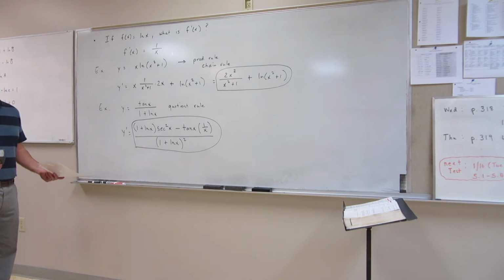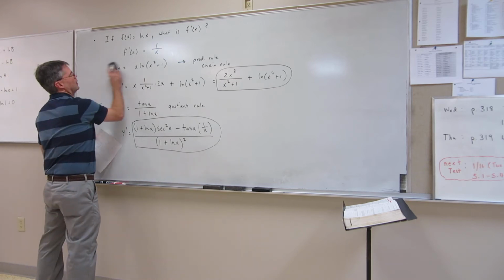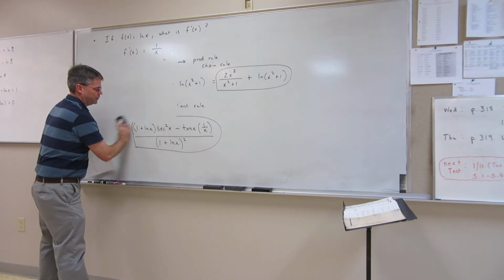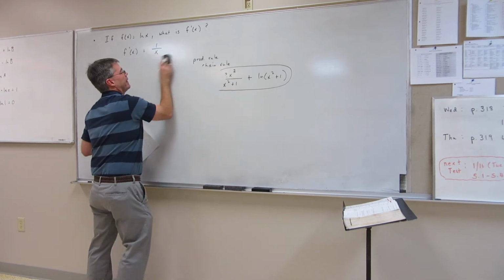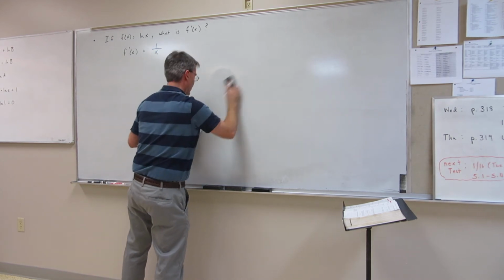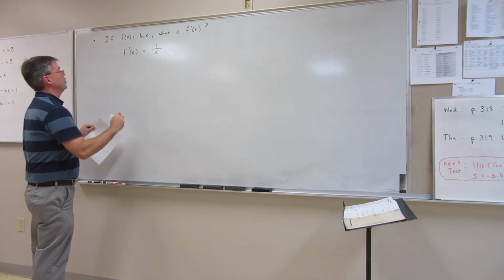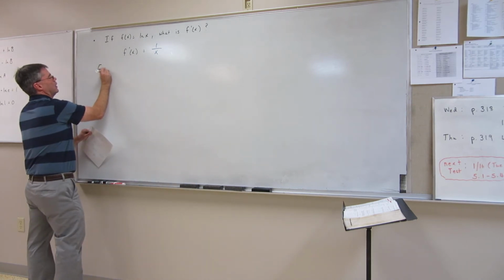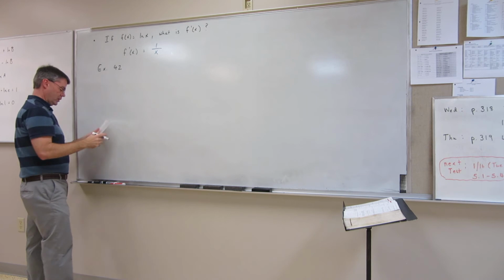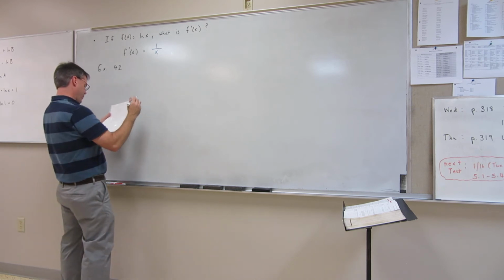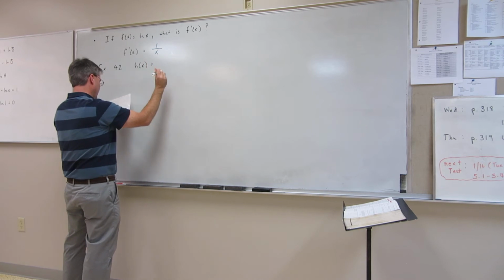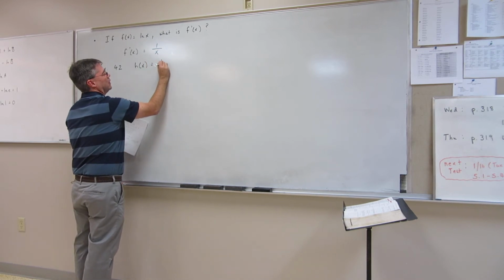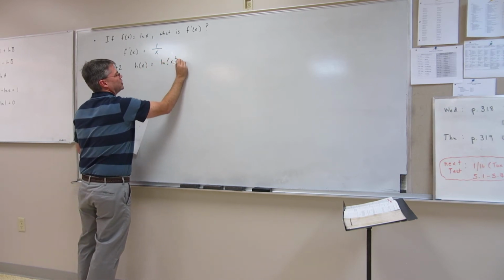All right, we'll move on to some examples in the book. So if you'll look at page 319, we'll do number 42. All right, so there we have h of x is equal to the natural log of x squared plus 3.